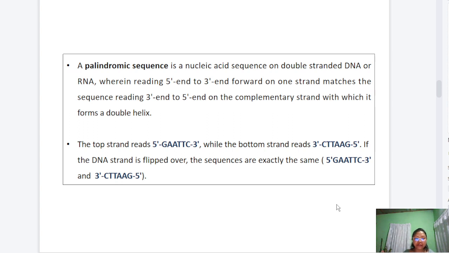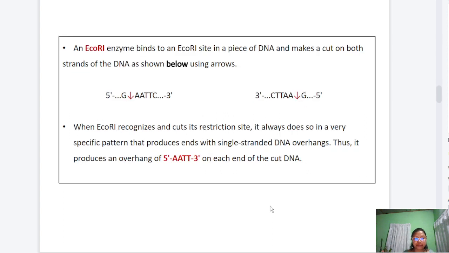So the top strand reads GAATTC, while the bottom strand will read CTTAAG. So if the DNA strand is flipped over, the sequences are exactly the same. So I hope it is very clear that from now onwards, if we use the word palindromic sequence, remember that they are just mirror images of one another.